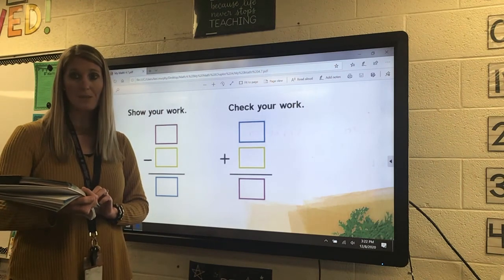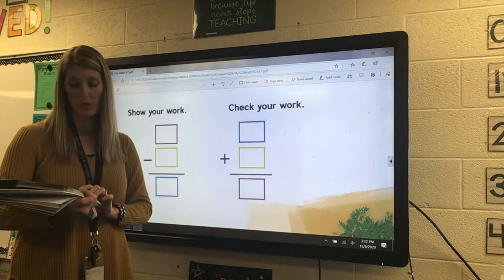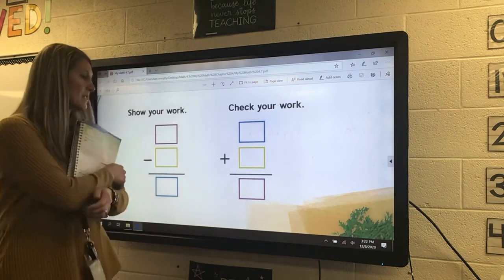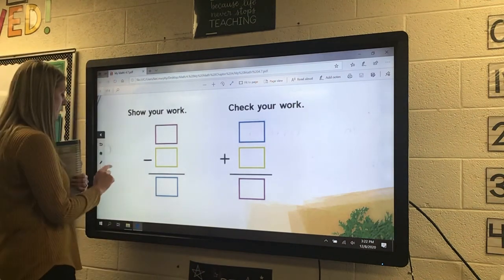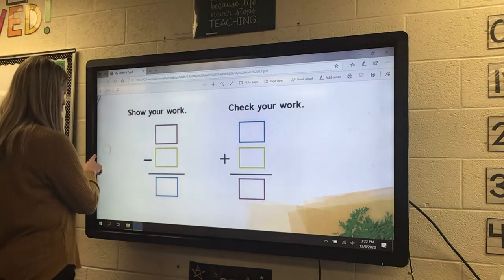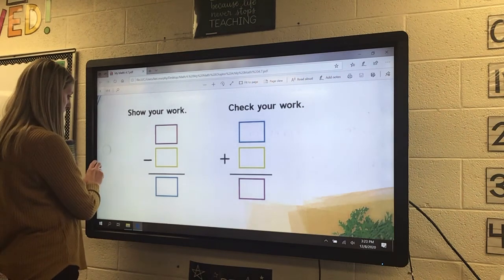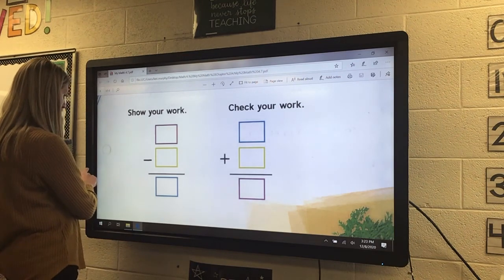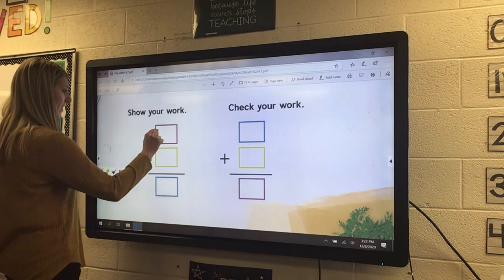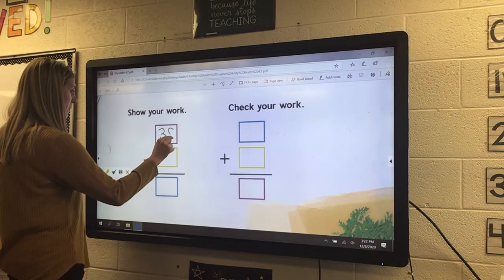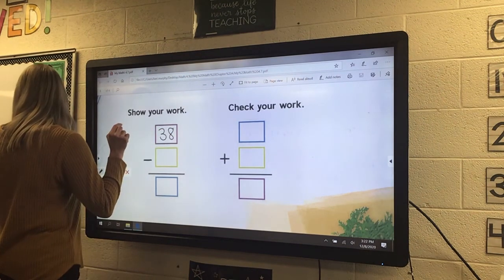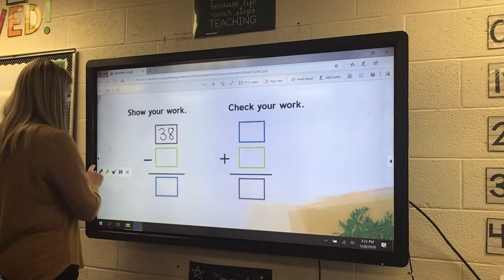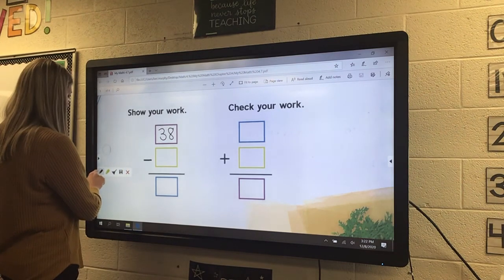How many vegetables are left? Show your work. All right, so we're going to subtract. We're going to start with the total number of vegetables in the garden, which is 38. And I'm going to take away the 12 that Nancy picked.